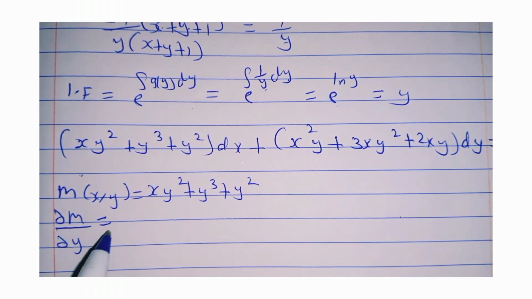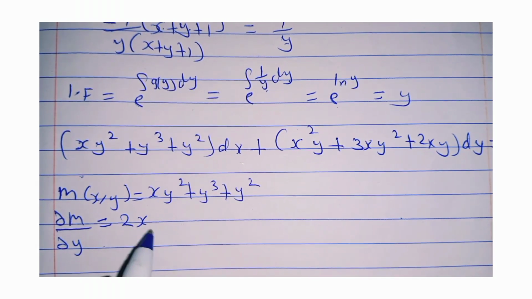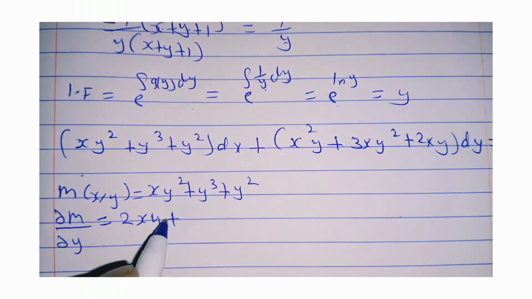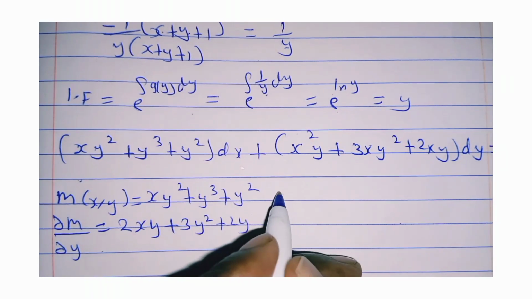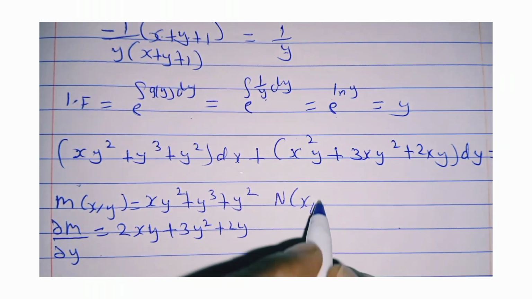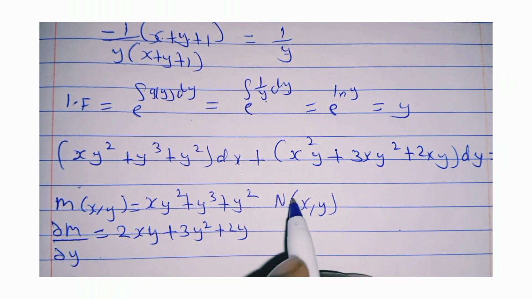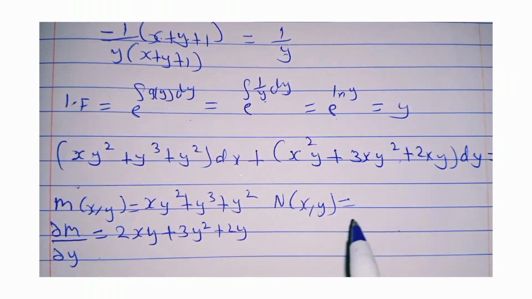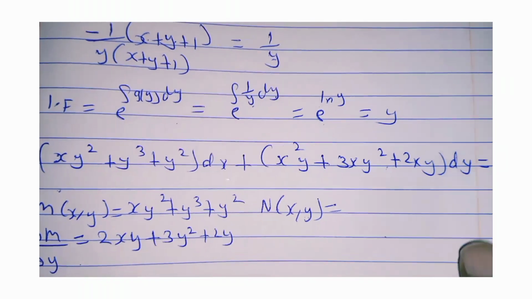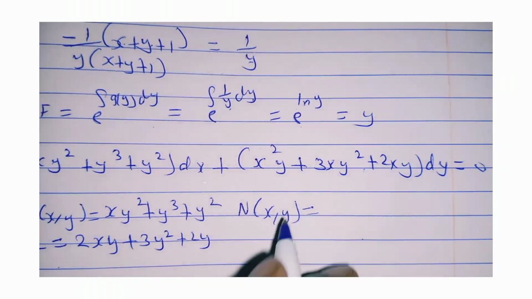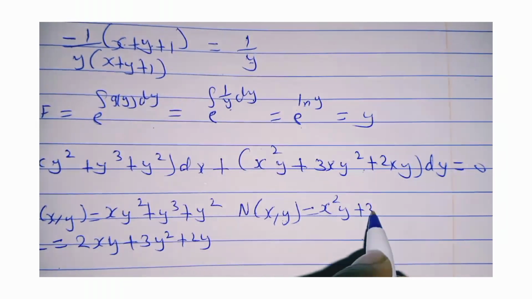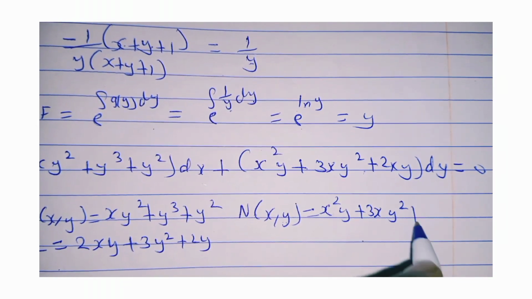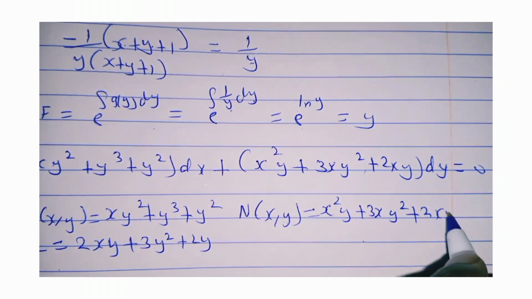In our case, it will give us 2xy plus 3y squared plus 2y. Then you get the function N, which is a function of x and y, equal to this part here: x squared y plus 3xy squared plus 2xy.